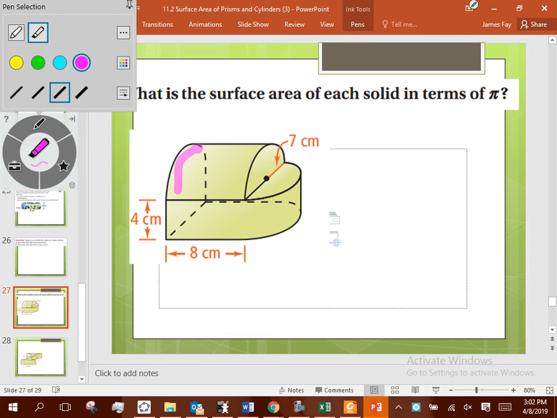Would you agree then that that is a cylinder? But how much of a cylinder? Half. Okay? So you can find the full surface area of a cylinder and then divide by 2. Or if you just want to say the surface area of that purple one is pi RH plus pi R squared, did that take a 2 out of everything?